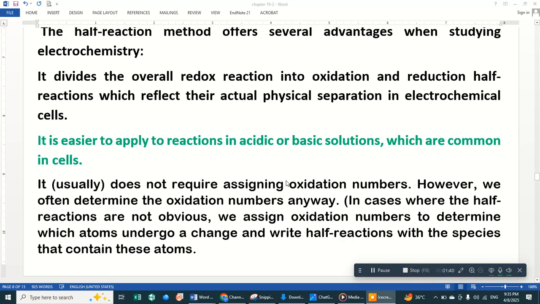The half reaction method needs aqueous media, which may be acidic or basic. Another advantage is that there is no need to assign the oxidation states of individual elements in the reactions.